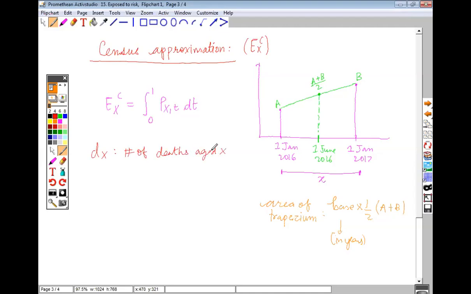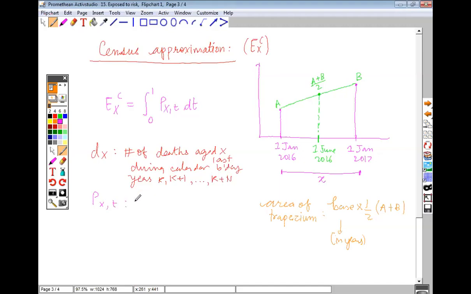aged x last. So let's say I'm using the age x last birthday definition during calendar years k, k plus 1, and so on, up until k plus n. So this is one thing that I observed, and the other thing that we will observe is definitely px comma t.